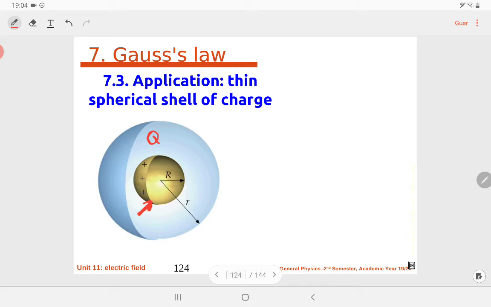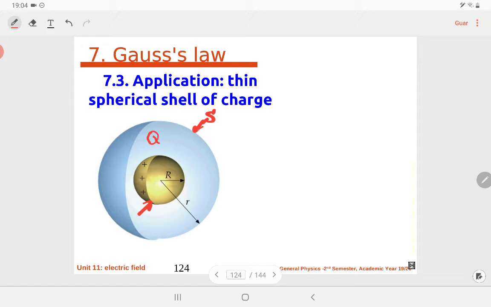So outside the shell, the first thing to do is to decide what is going to be the best surface, a virtual non-material surface, where to apply Gauss's law. And if you study the symmetries a bit, you will end up realizing that there is a radial symmetry here again. So the best surface is the one given by this blue here. So this is the surface S where we're going to apply Gauss's law.